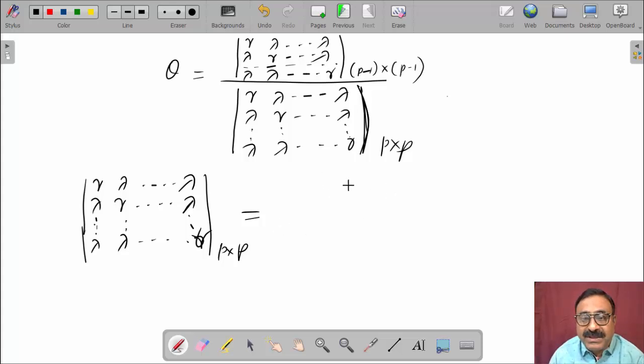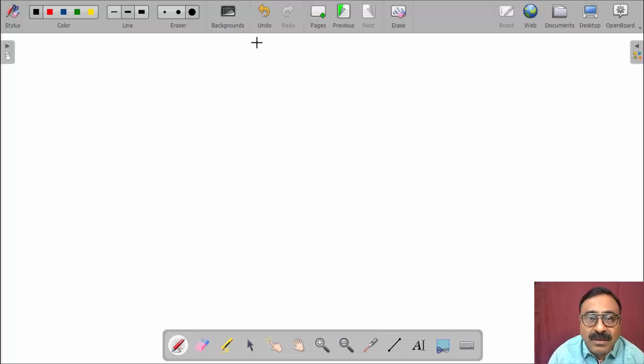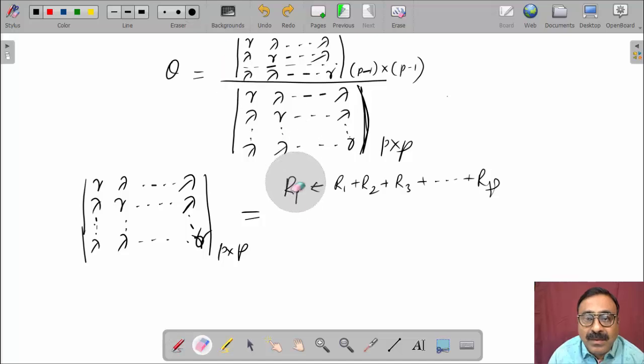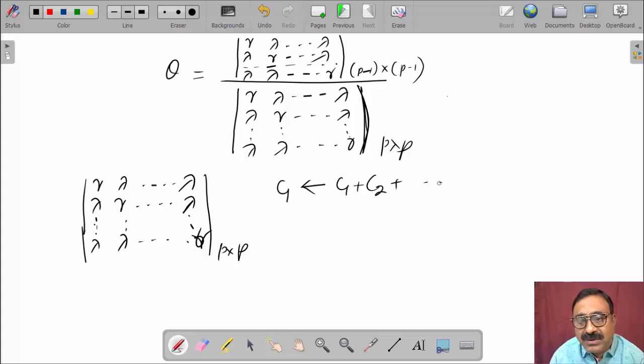Now we replace the first column C1 by C1 plus C2 plus up to CP, that is, the sum of all the columns.